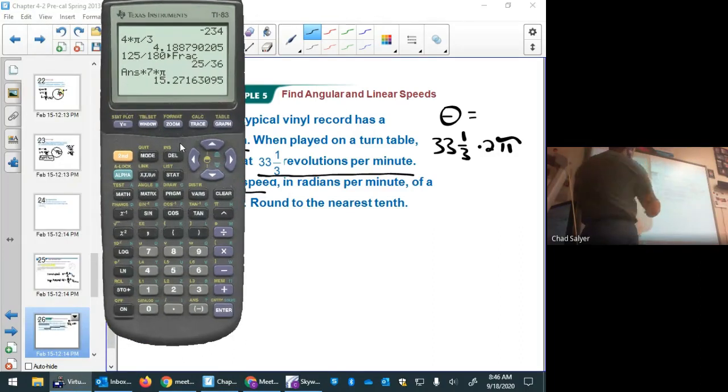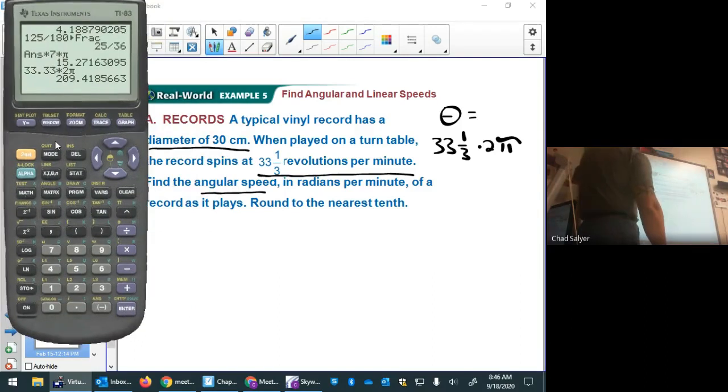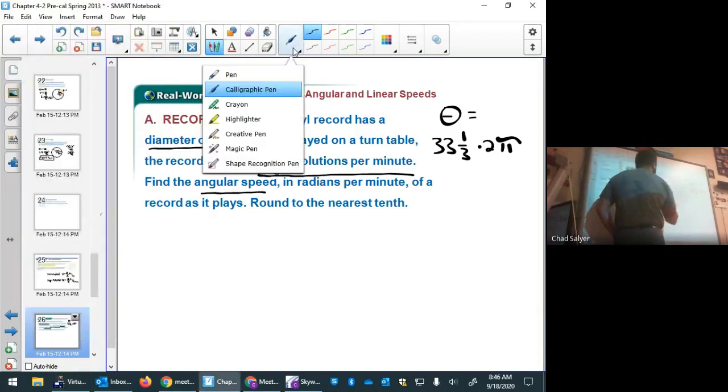So round to the nearest tenth, it says. 33.33, we'll just do to the nearest hundredth here so we can round with certainty, times 2 pi. It's about 209.4 radians per minute.